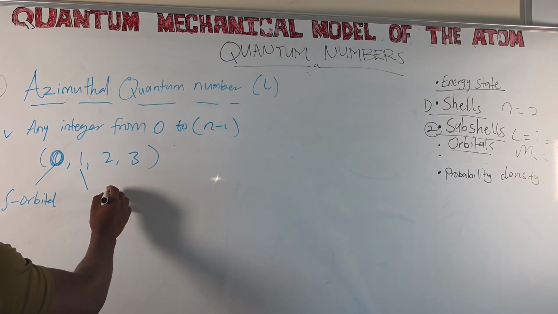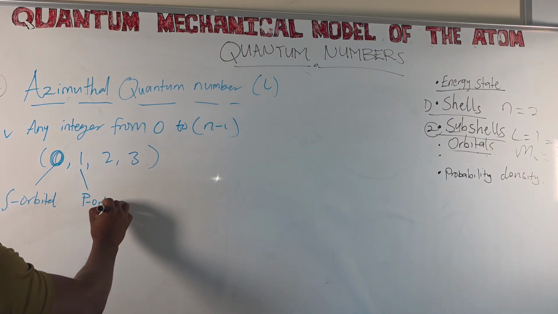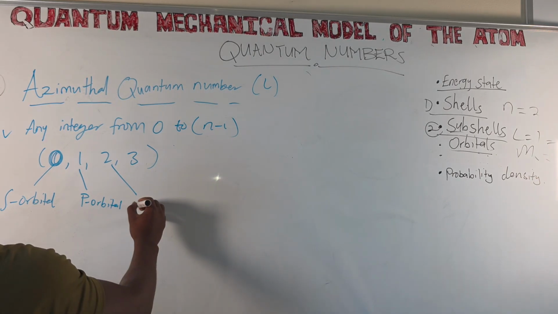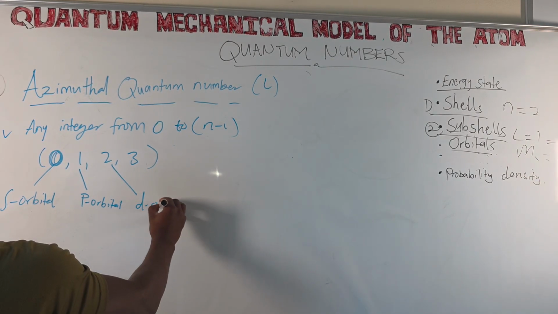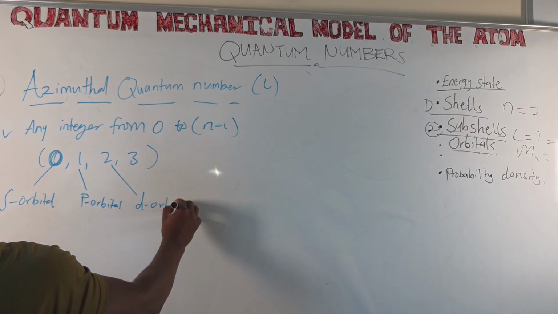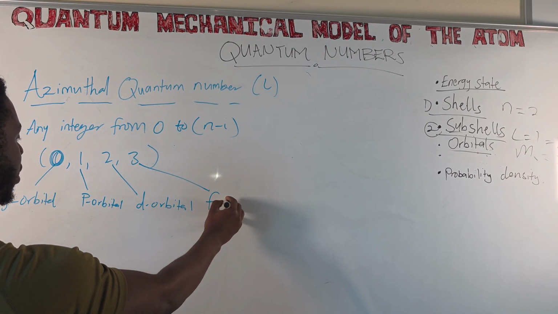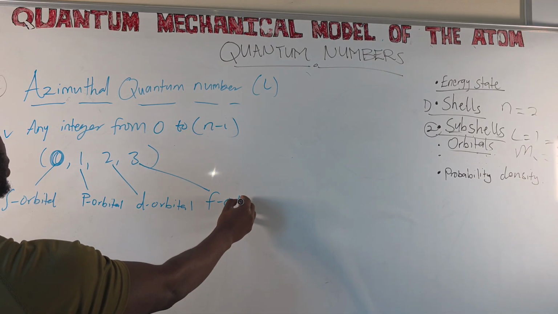This represents the p orbital. This represents the d orbital, and then this represents the f orbital.